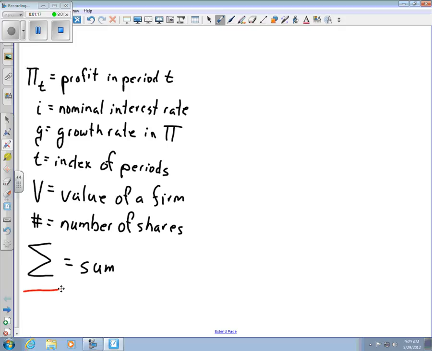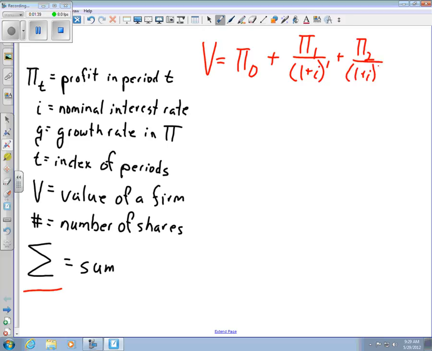So when we think of the present value of the firm, V, it's equal to the current profits, pi 0, plus the profits next period, pi 1, over 1 plus I to the 1, plus pi 2, 2 periods out, over 1 plus I squared.